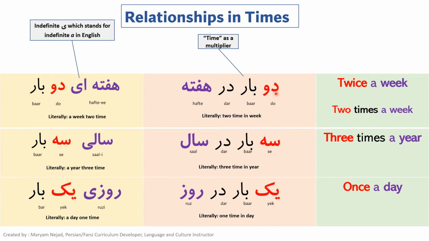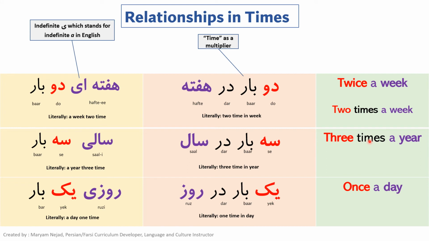So do is number 2. Bar means time, but not time in terms of hours, time as a multiplier. And then dar is in, and then hafte is week. So literally it is like 2 times in week. Do bar dar hafte.